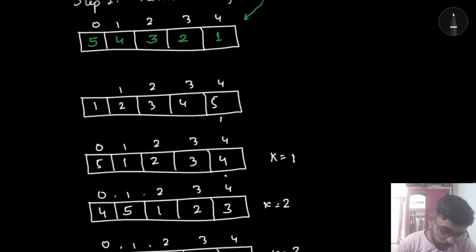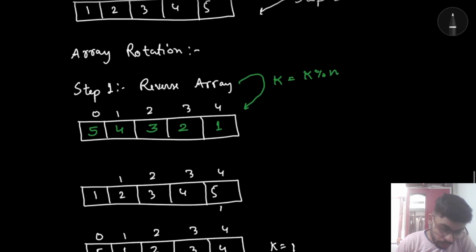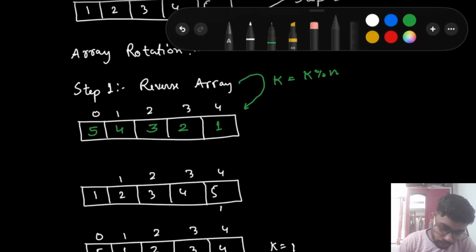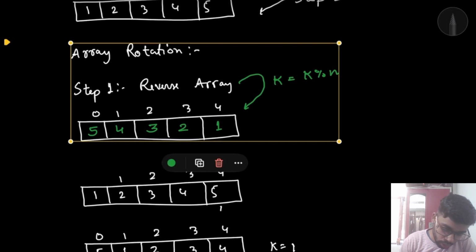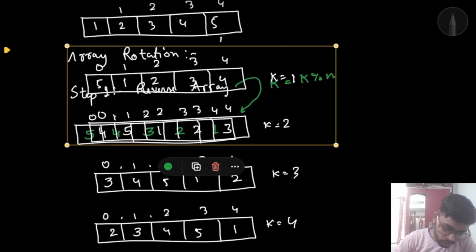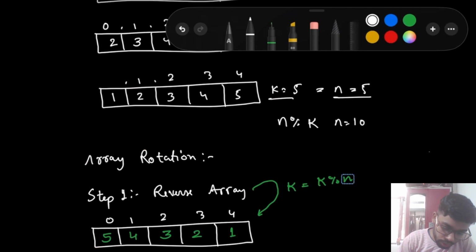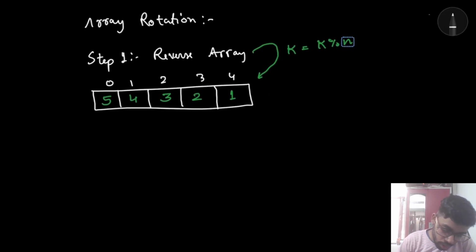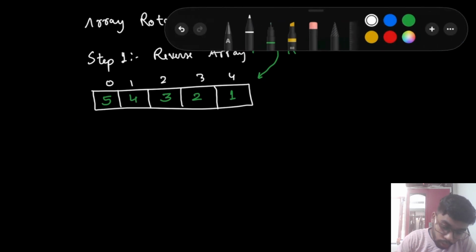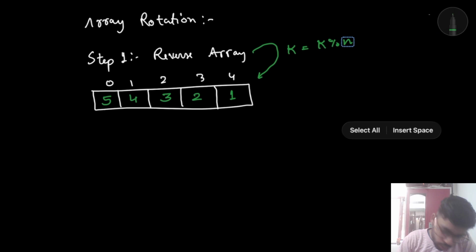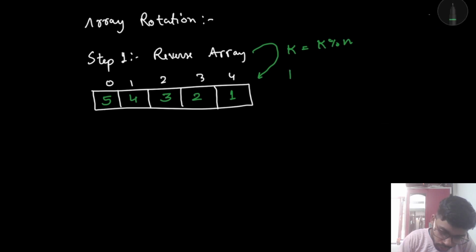So what we were doing, array rotation, right? So the first step will be to reverse the array, then k equal to k modulo something. For example, here k will be equal to 2.